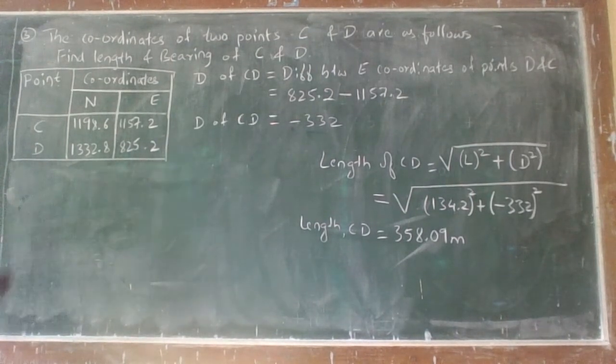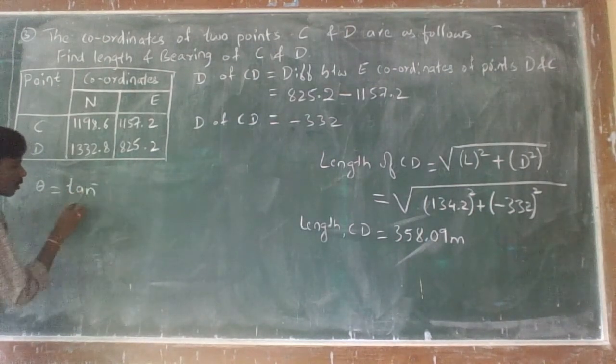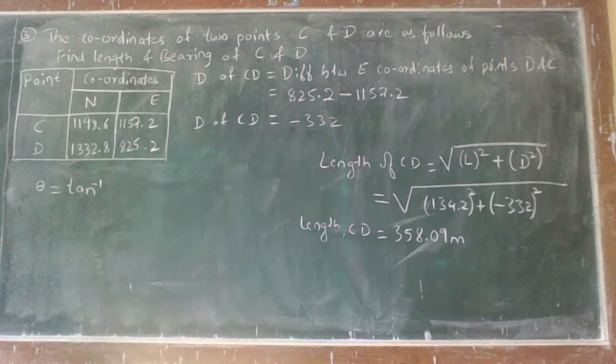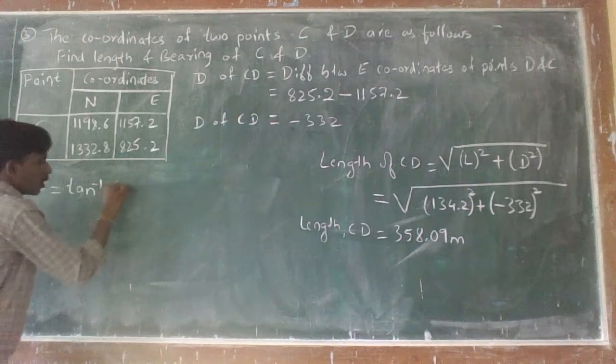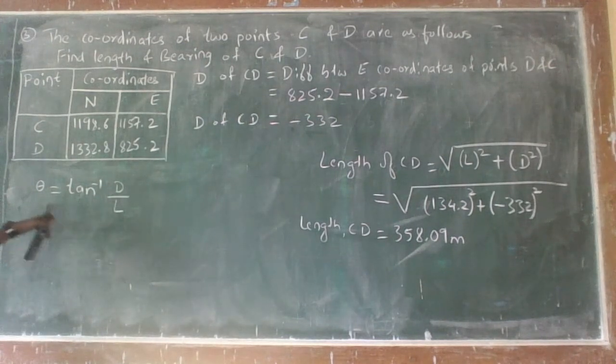So theta. The bearing is denoted by theta. Now theta is equal to tan inverse of departure divided by latitude. This is the formula to calculate theta using the latitude and departure.